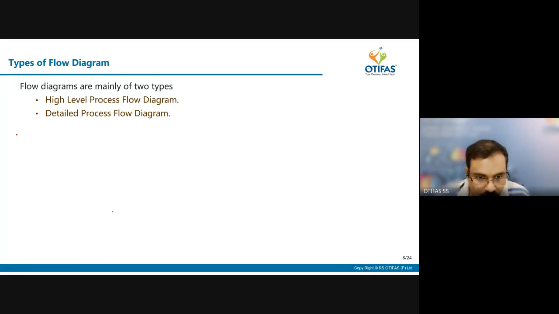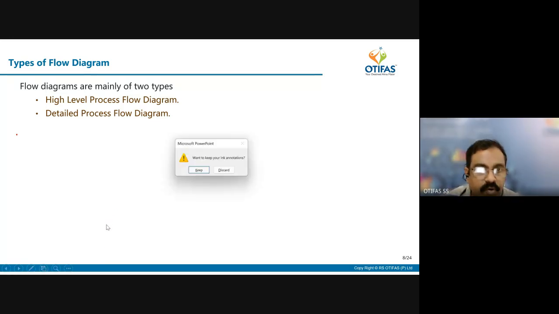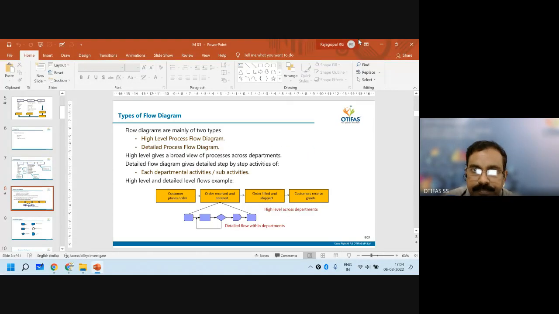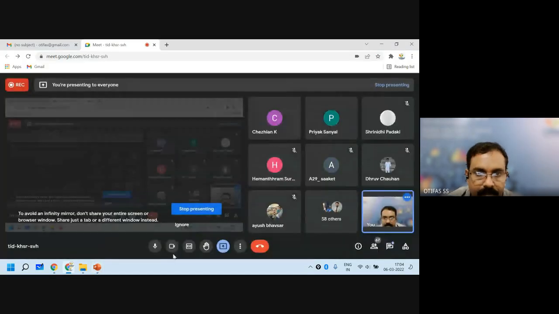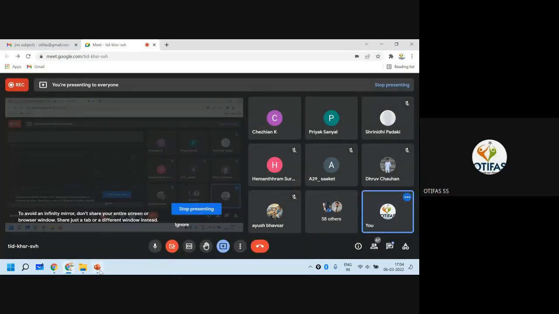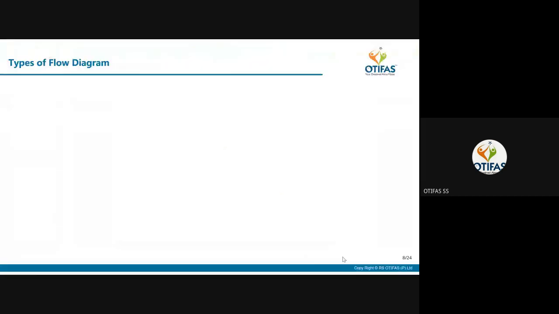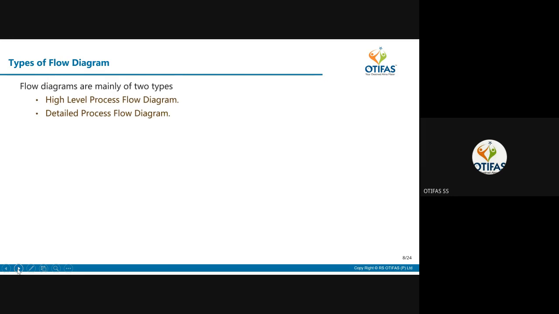Okay, now we'll learn about types of flow diagram. Flow diagram is one of the important tools in Six Sigma to understand the processes.